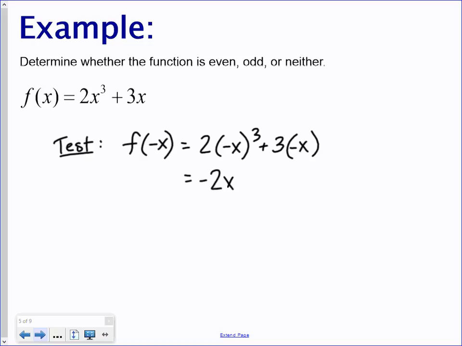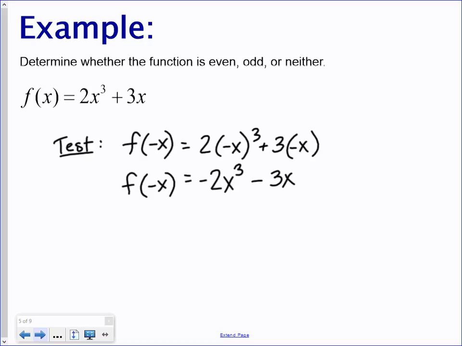So this is going to be negative 2x cubed. And then that positive 3 times negative x is just going to be minus 3x. And that's what f of negative x is.